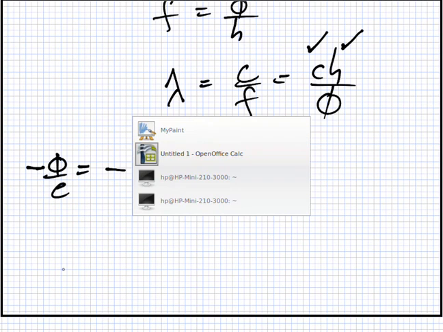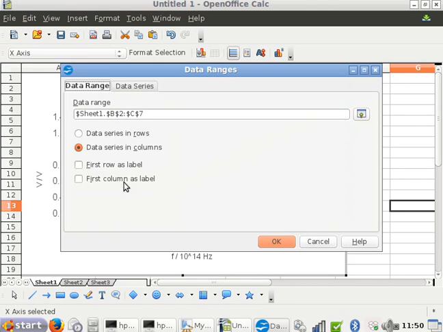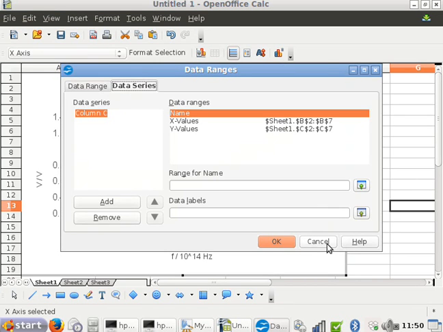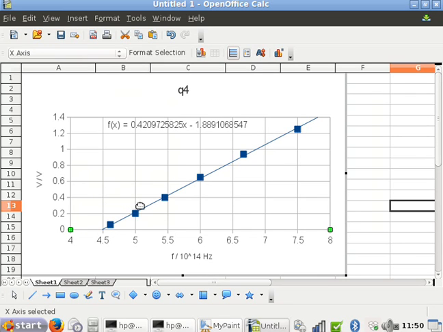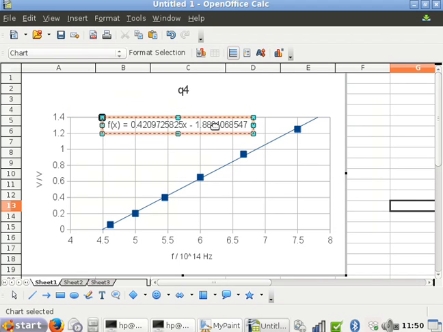So can you tell me from your graph where does it cross the y-axis? We can't see now. Hang on, let's see. Oh, sorry, I can see it here, can't I?